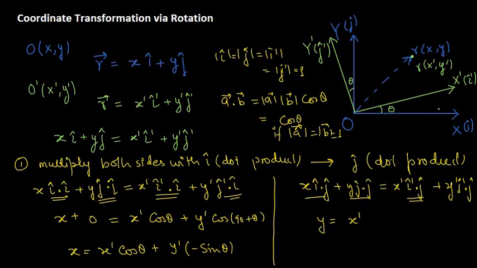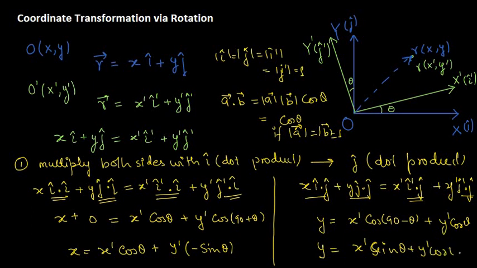I cap is in this direction and your j is in this direction. So the angle is 90 minus theta. So this is cosine of 90 minus theta, plus the angle between j prime and j is theta, so y prime cos theta. Then y will be x prime sine theta plus y prime cos theta.